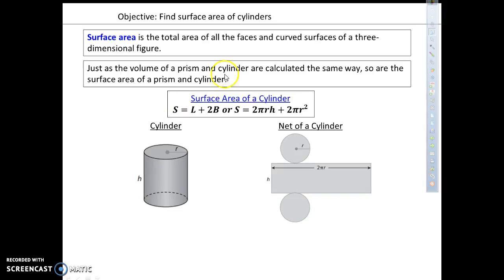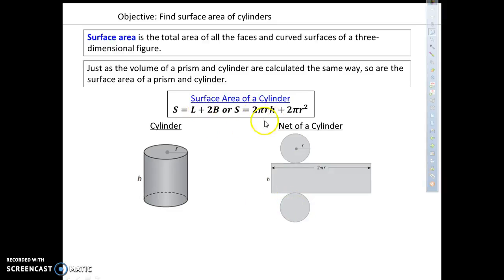The formula in order to find the surface area is S is equal to L plus 2B. This comes from the lateral area, which is this image here, plus 2 times the area of a base. So the area of this circle plus the area of this circle gives us this formula here.